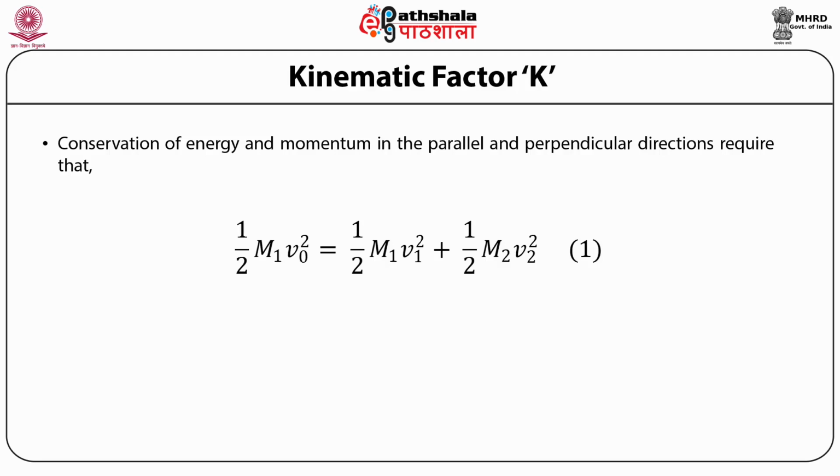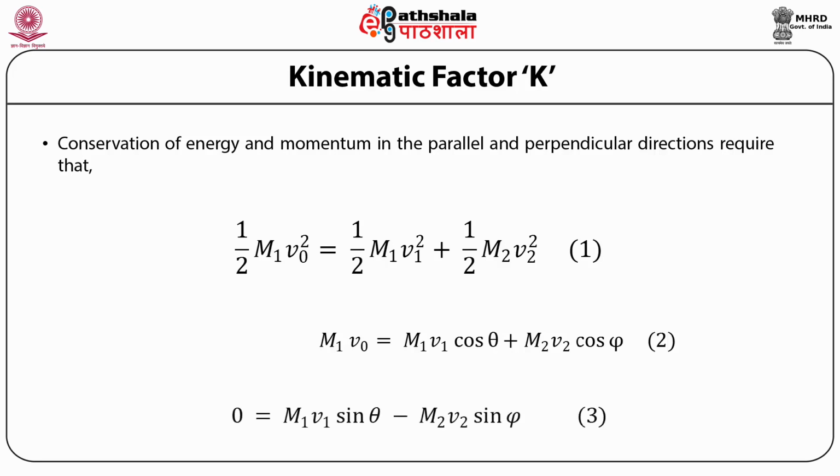Let this be equation 1. m1 v0 is equal to m1 v1 cos theta plus m2 v2 cos phi. The other equation is m1 v1 sin theta minus m2 v2 sin phi is equal to 0.